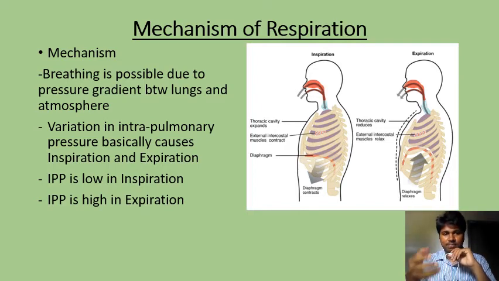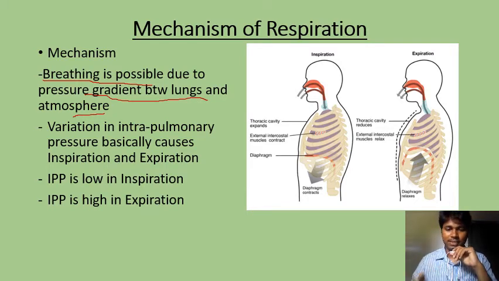This process is possible due to partial pressure, that is, the pressure gradient between the inside of the lungs and the atmosphere. Let us see what it is. Here I mentioned some points. Breathing is possible due to the pressure gradient between lungs and atmosphere. There is a difference in the pressure of the atmosphere and the lungs, and due to this difference the breathing goes on.